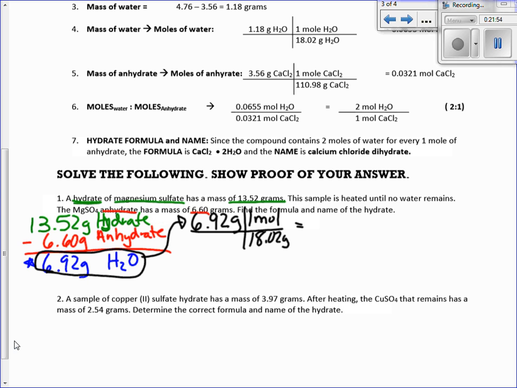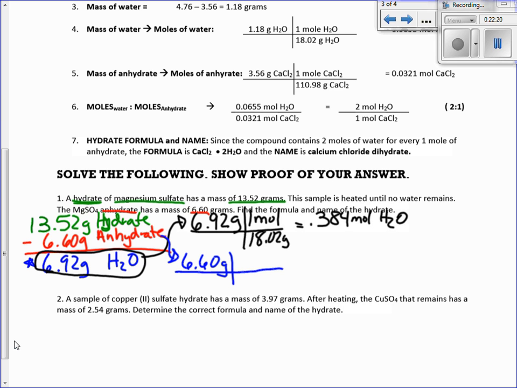So we end up with 0.384 moles of water. Okay, so we know that value. The next thing that we need to do is convert the mass of the anhydrate, the 6.60. We need to convert that to moles too.